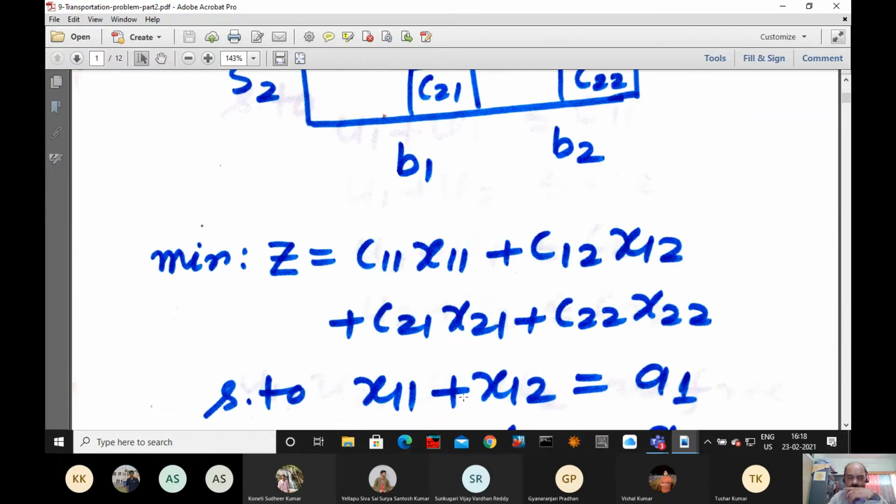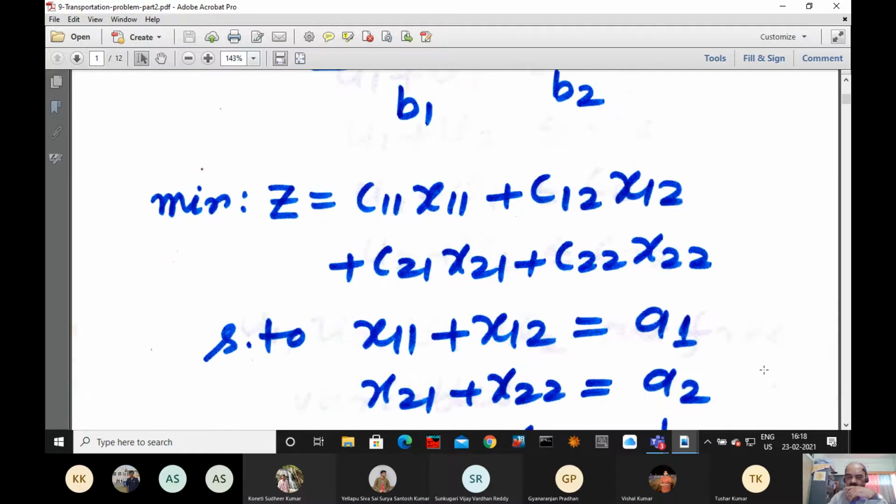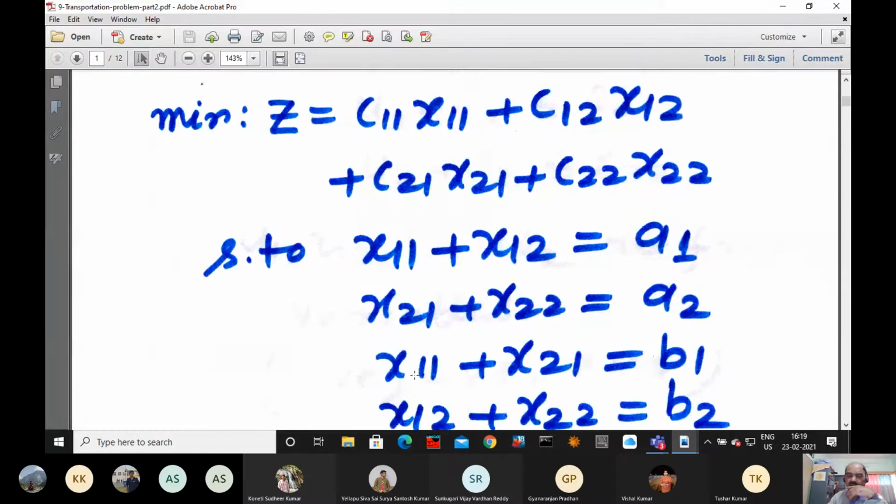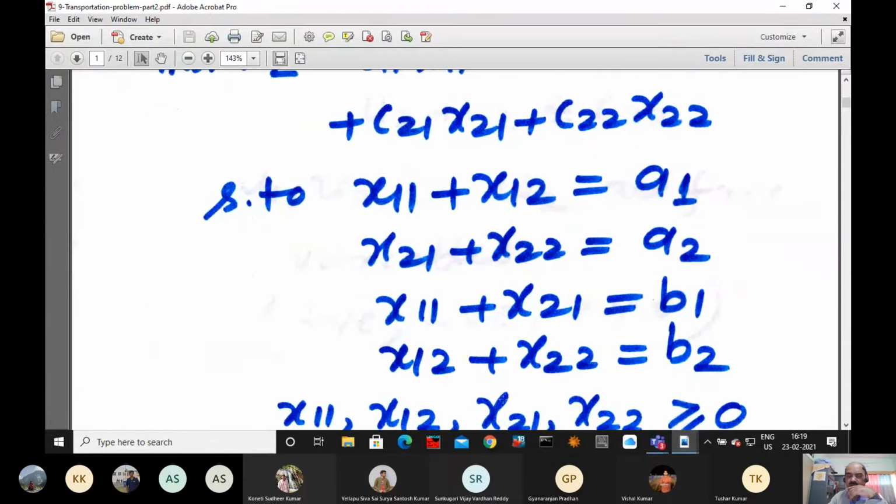That is mentioned here. X11 plus X12 equal to A1 is the first constraint, the source constraint. Then X21 plus X22 equal to A2. Then we have X11 plus X21 equal to B1. Then X12 plus X22 equal to B2. It is given that the problem is balanced.